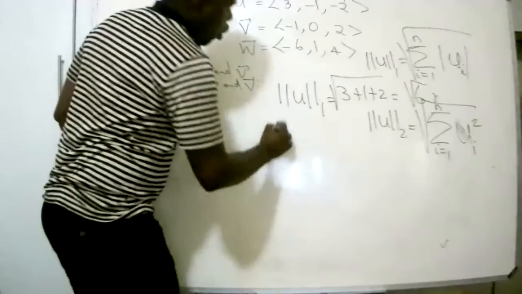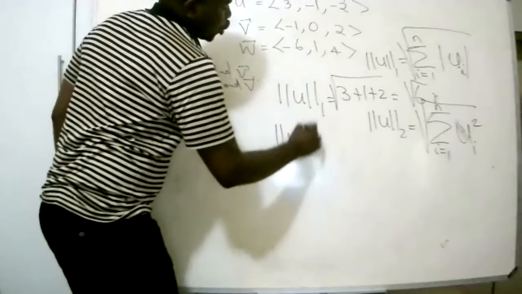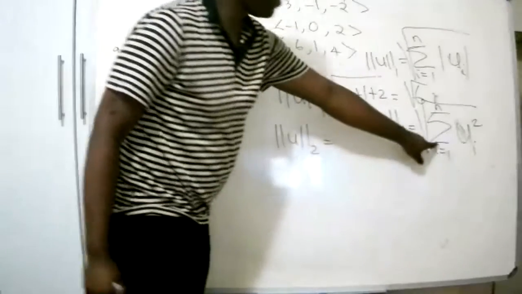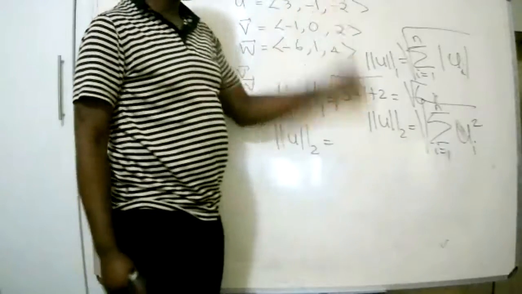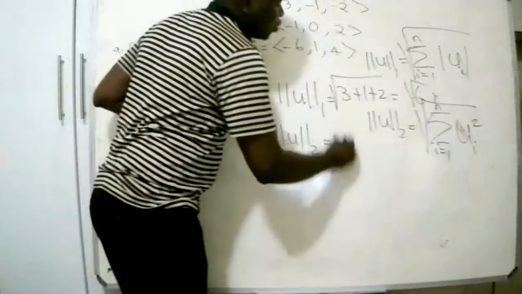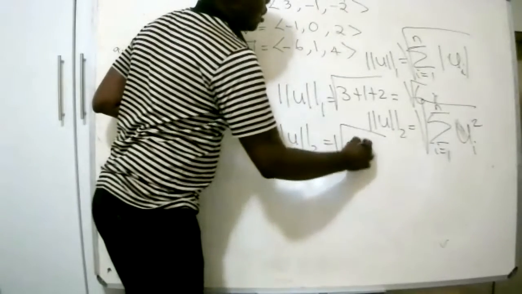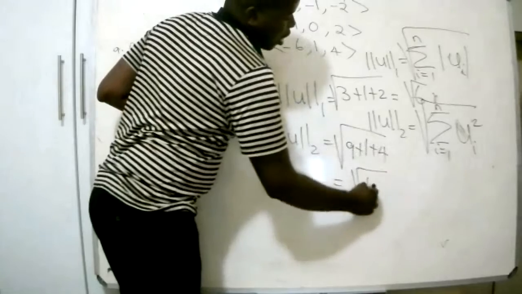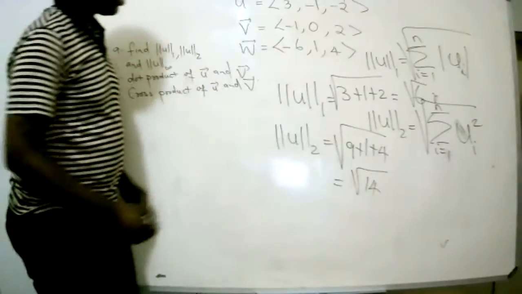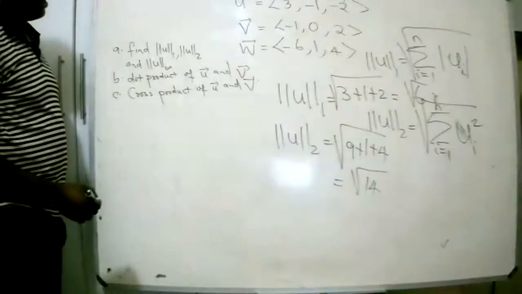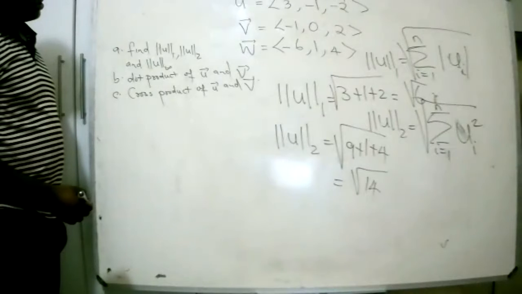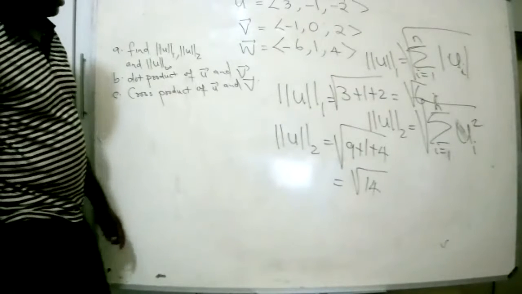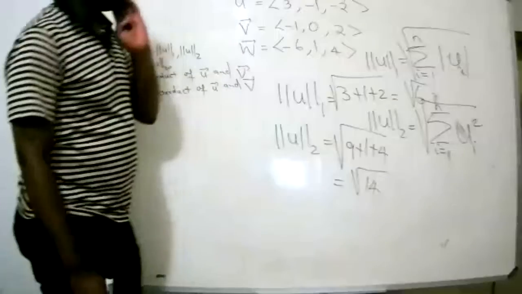After obtaining the squares of those values, we take the summation of all of them, and then we take the root. So we have root of 9 plus 1 plus 4, which is going to be root of 14. Yes, root of 14. All right.